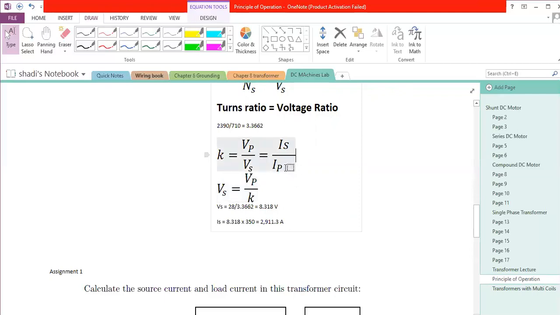So as you can see, the voltage ratio is V primary over V secondary, but for the current it is vice versa.